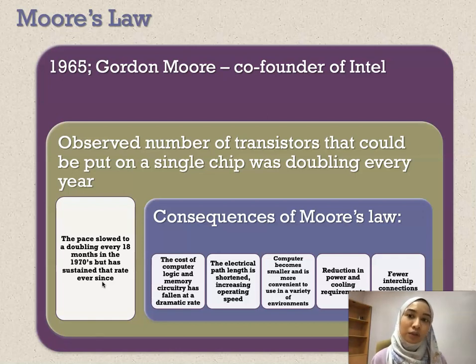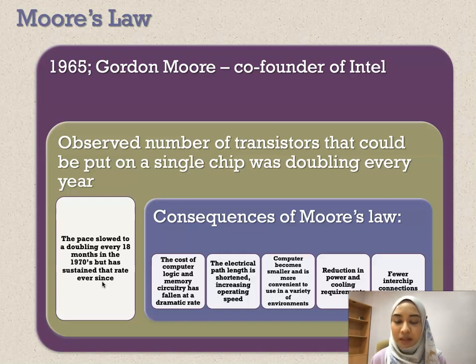This is why we can see that even though our computer keeps on being upgraded to having better memory, to being faster, the price is always at that similar range. If you notice, this is because of Moore's law. Because of his prediction, we are able to control the value of the market, right?